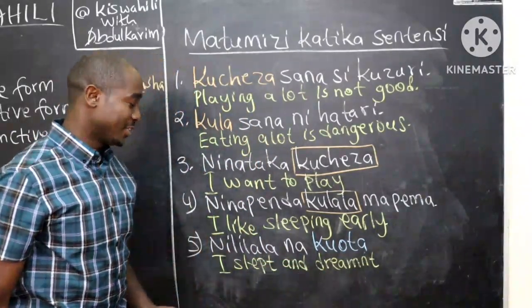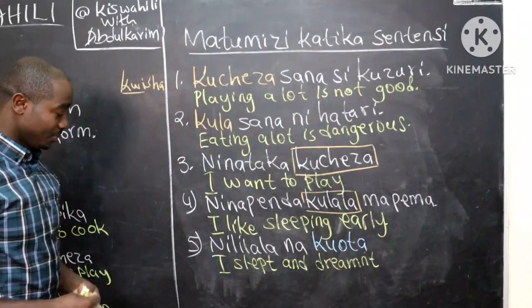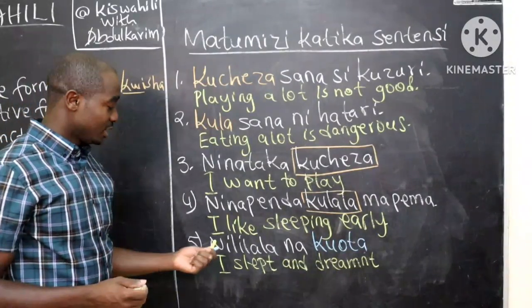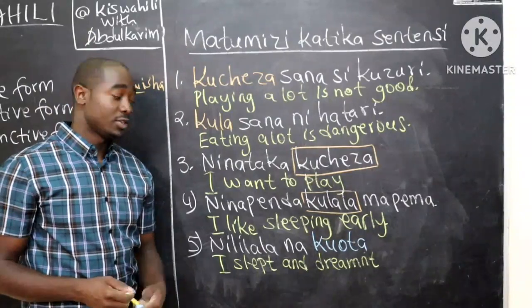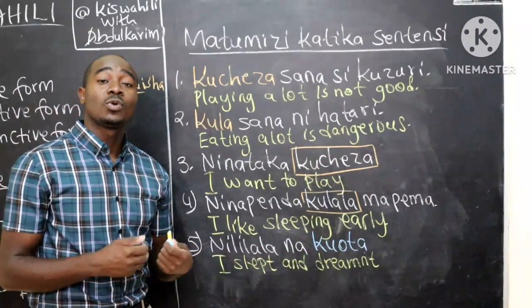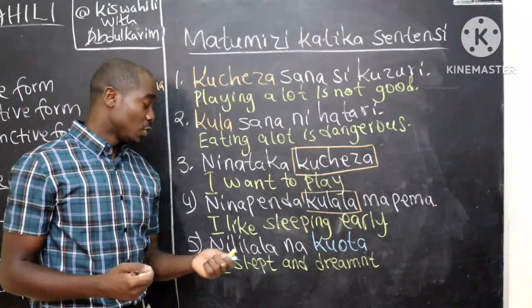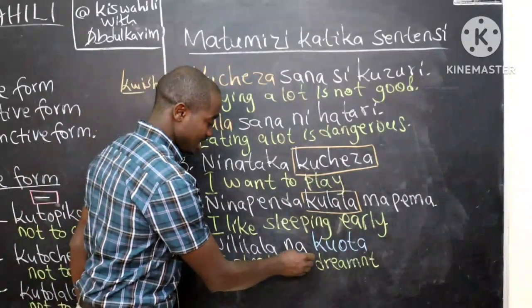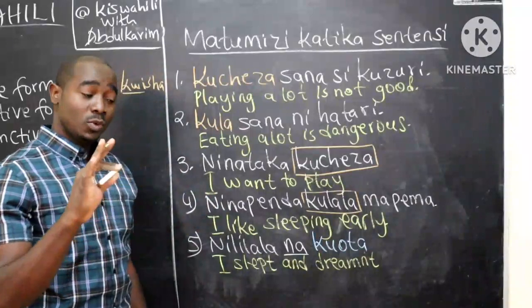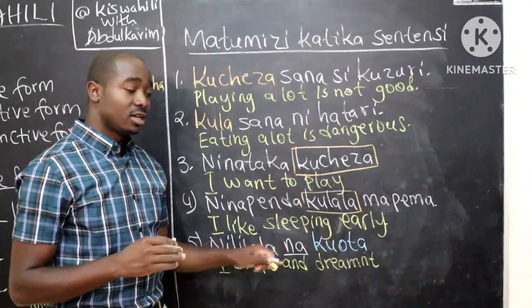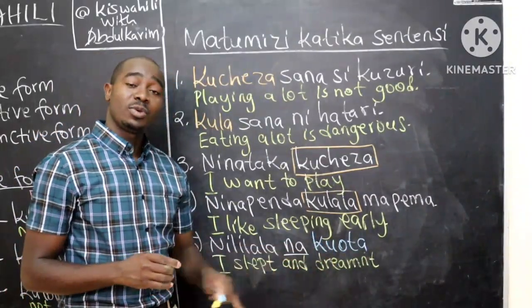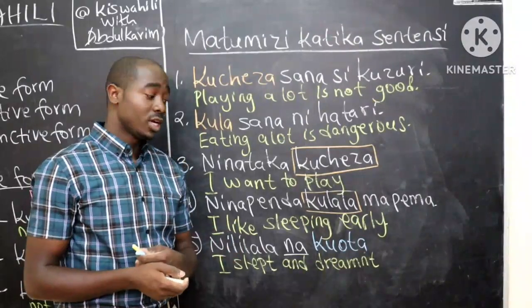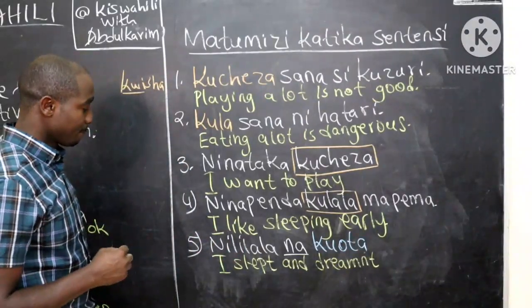I don't know. Sijui. Nililala na kuota. So this to dream, kuota. So when you're just using the verb and you're connecting with this na here, two verbs, you connect with this na, then the other one will start with ku. Okay. Mfano mwingine.